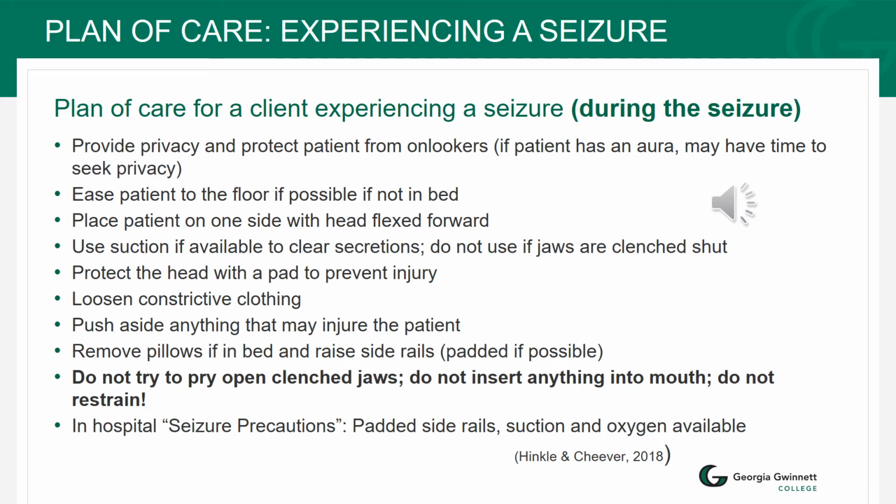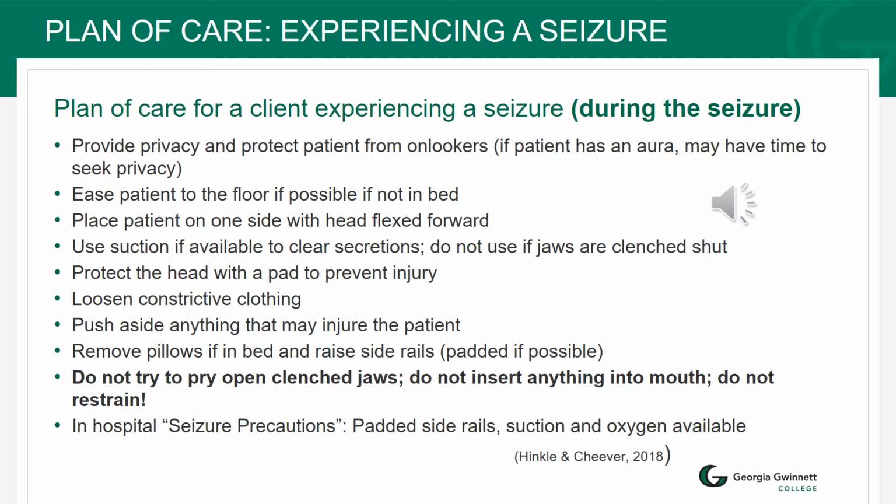In the hospitals, I think the next slide might have a better picture, but there's something called seizure precautions. So seizure precautions with a client that is known to have seizures and is in the hospital will include having suction ready and available at the bedside, having oxygen ready and available at the bedside, and padding the side rails.